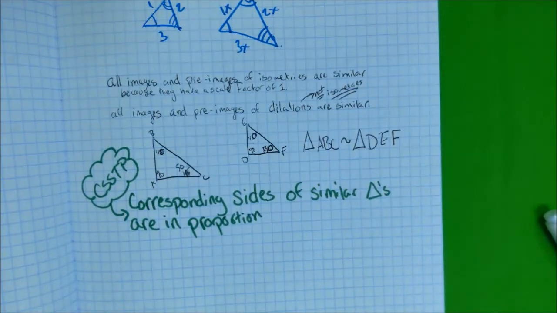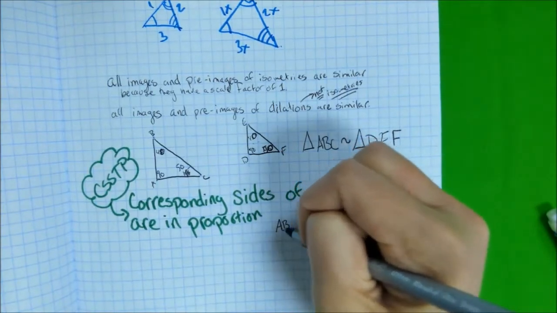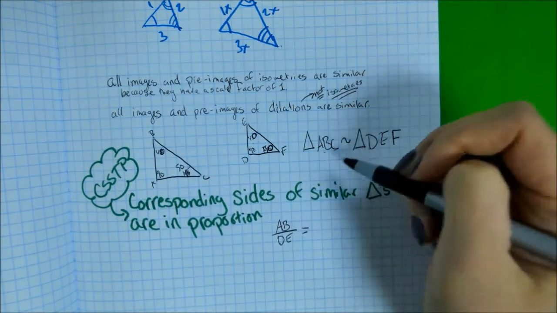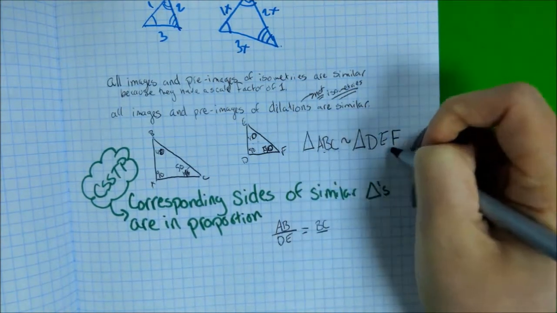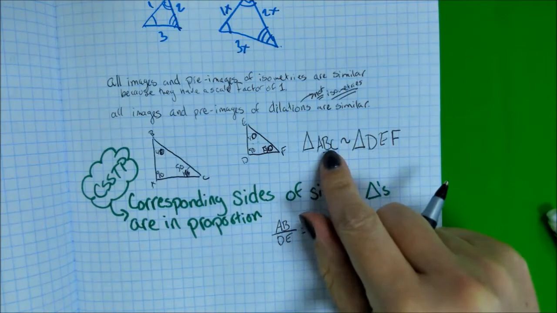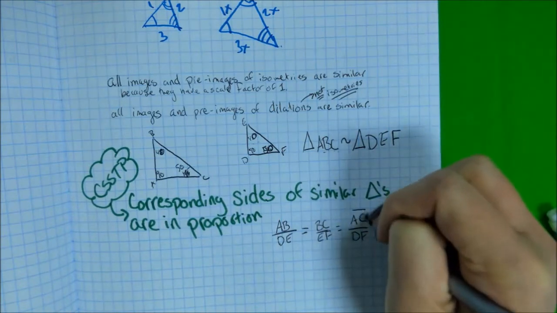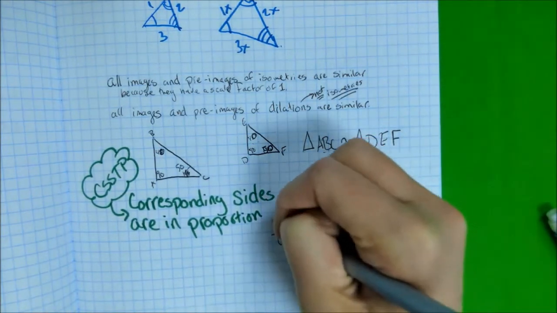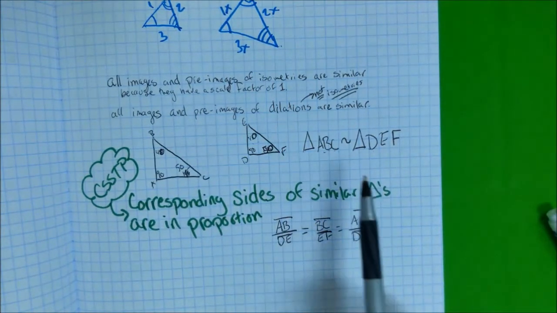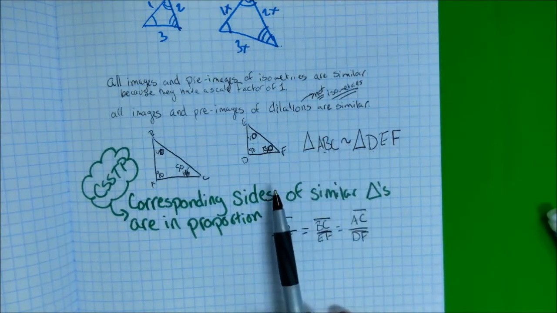And what that means is that the sides are in proportion based on the similarity statement. So that means that AB is in proportion to DE, which is in the same proportion as BC is to EF, which is in the same proportion as AC, that's my last side, is to DF. Okay? So all these sides are in proportion, and I know which sides are in proportion to each other, or maintain this proportion, based on my similarity statement.